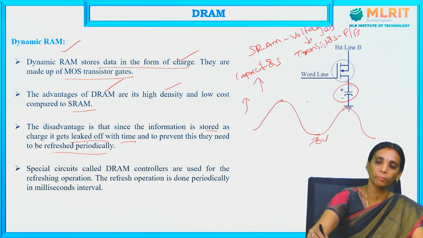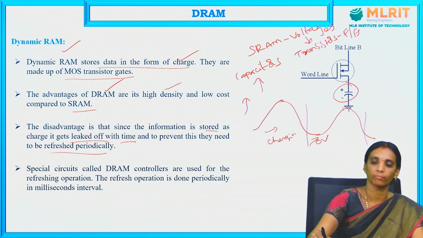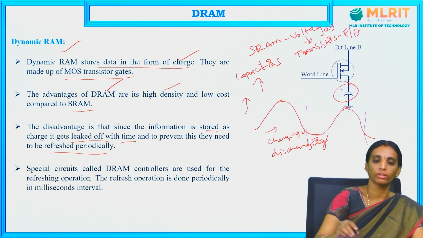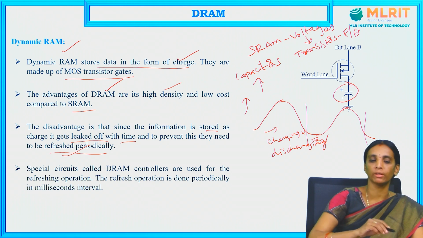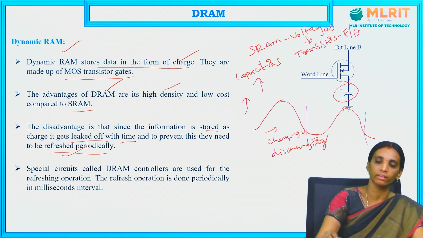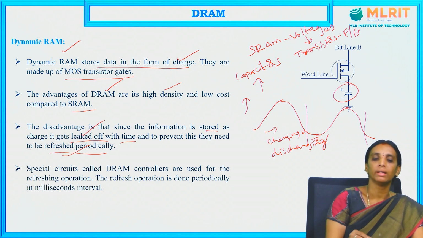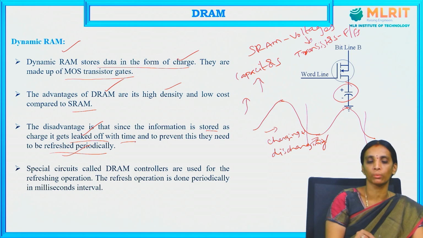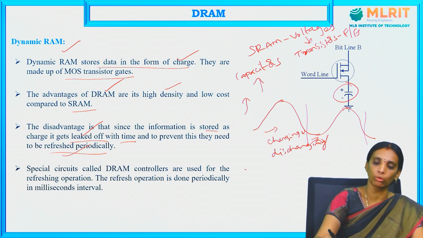So for every interval we need to refresh the circuit for charging and discharging. That's why it needs to be refreshed periodically, and hence there may be a chance of the charge leaking off with respect to time, and it is slow because of this charging and discharging phenomenon.